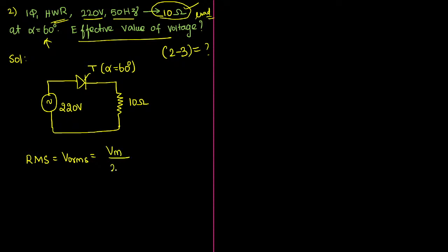Vm by 2 square root of pi, in bracket (pi minus alpha plus sine of 2 alpha by 2), whole power 1 by 2. This is the formula. You all know that. Very good.